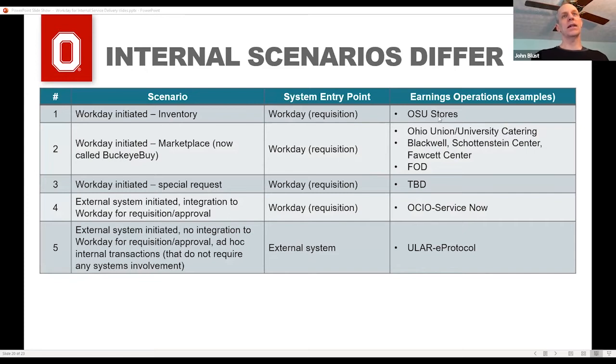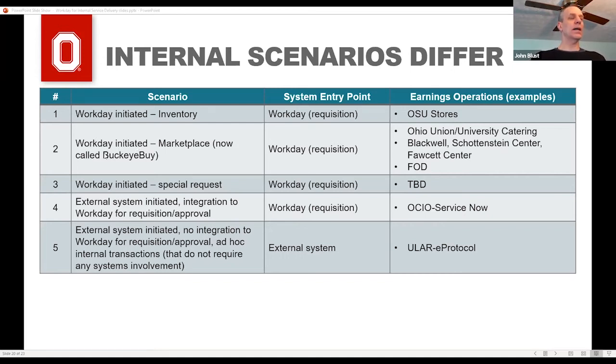So if you're requesting something like laboratory supplies, that would be an inventory requisition. You could also have a requisition for services. For example, if you were requesting catering for a meeting or reserving a conference room at the Blackwell or the Ohio Union, you would again do a Workday requisition.